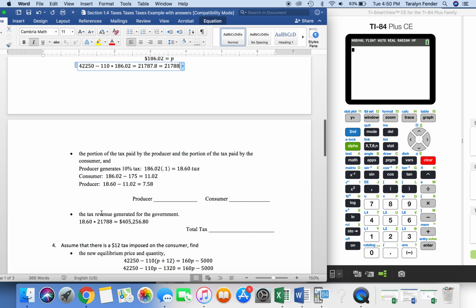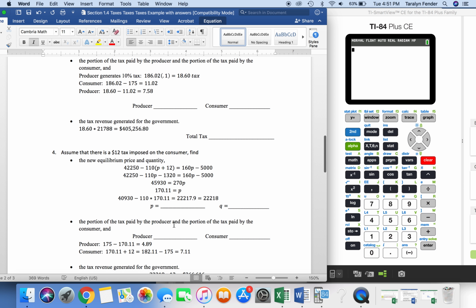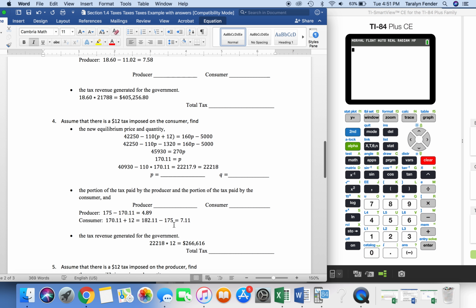The total tax revenue generated for the government will be the tax, $18.60, times the number of items, 21,788, which gives us an amount for the government of $405,256.80.